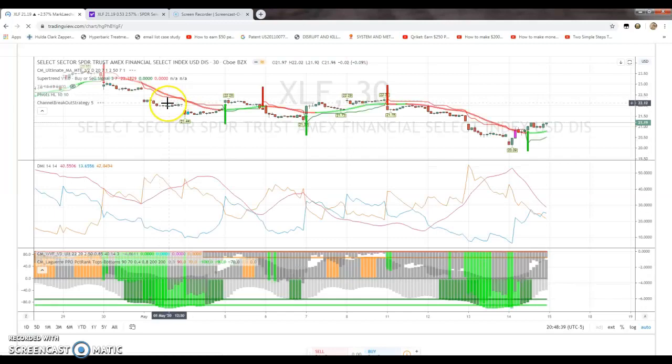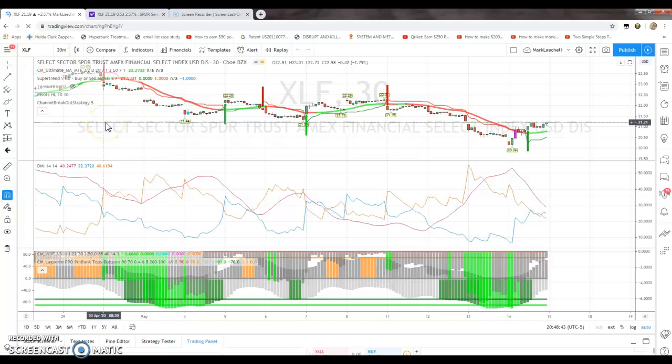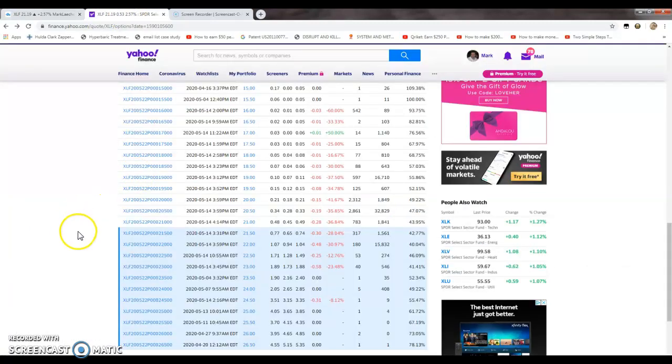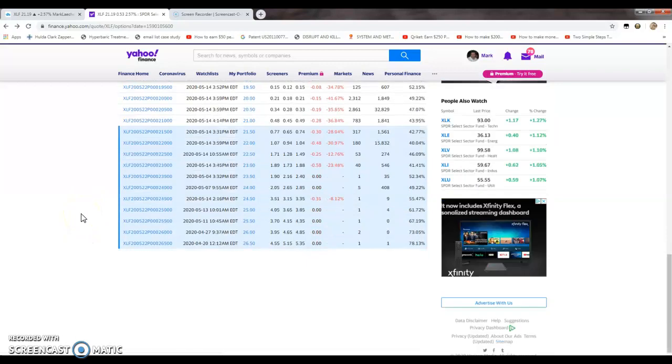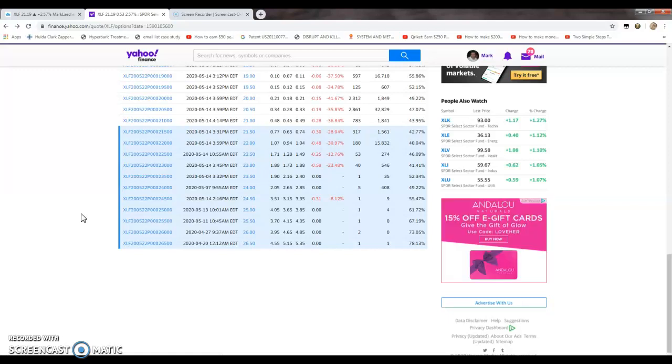Okay, so basically what I do is I trade XLF, which is a Spider ETF fund, and the reason I do that is because the options are so cheap. Now to tell you the truth, once you get some money together, it would really behoove you to trade QQQ, because the options for QQQ are more expensive.